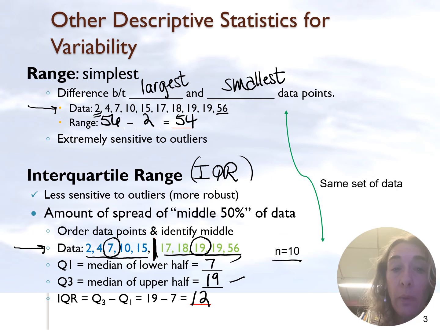Notice that there's a large difference between our 2 different measures of variability. The range equals 54, the interquartile range 12. That's because of this outlier in the data, which really affects the value of the range. So when you have outliers, it's better to use the interquartile range to measure your variability.